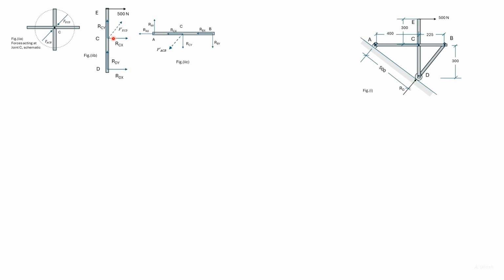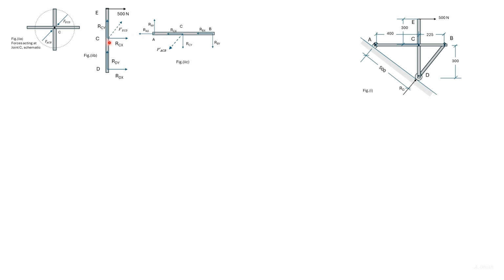To start with, we do not know the magnitude or the direction of F dash ECD, but we know that if F dash ECD acts in a particular direction and has a particular magnitude, then F dash ACP will act in the opposite direction and have the same magnitude.